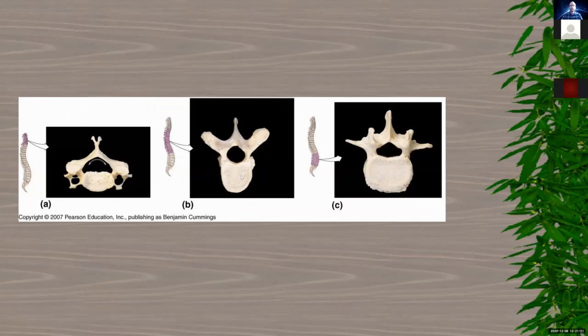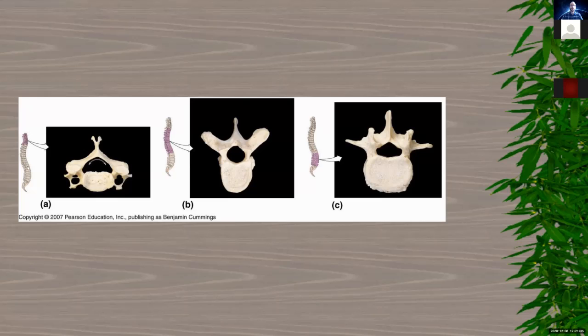The different vertebrae look different depending on where you find them in the spine. Cervical vertebrae look much smaller than lumbar vertebrae. Think about this. Cervical vertebrae just have to take the weight of the vertebrae above them and the head, which the head is pretty heavy in its own right.